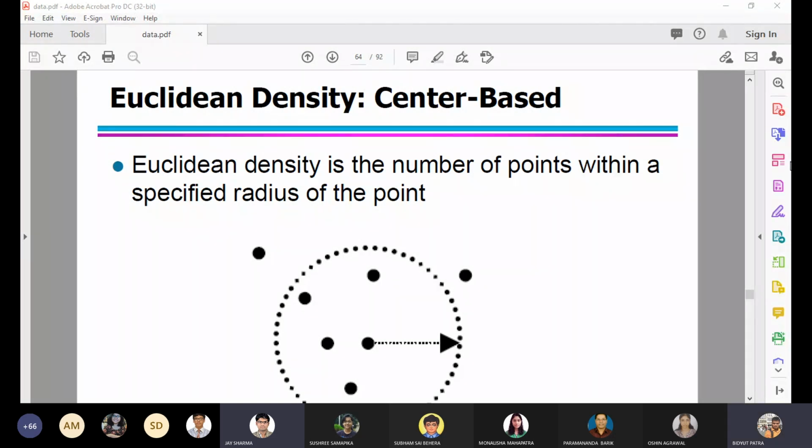Okay, that is more important than this class. You should be vaccinated because the institute may call you if you have both vaccine doses completed, then only you will be allowed. Okay.